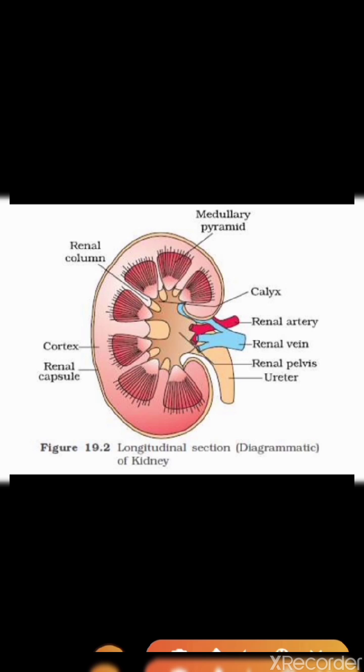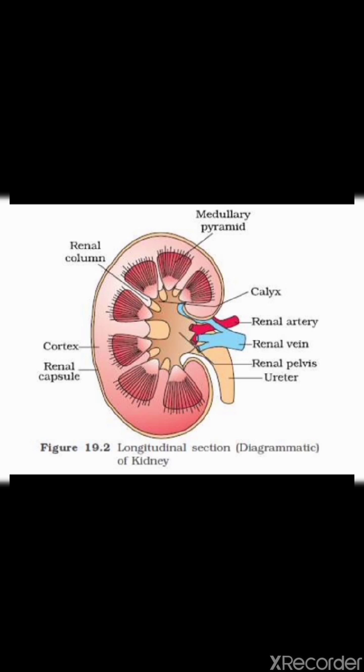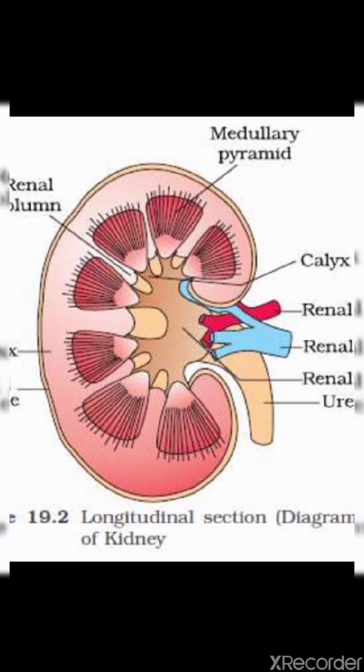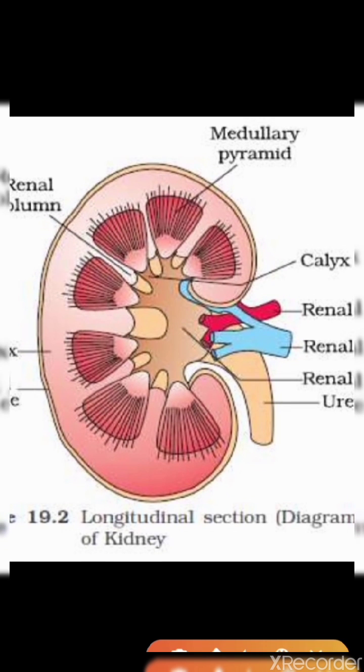When we see the end point of the pelvis, the pelvis at its free end has a number of cup-like cavities. This is known as calyces.